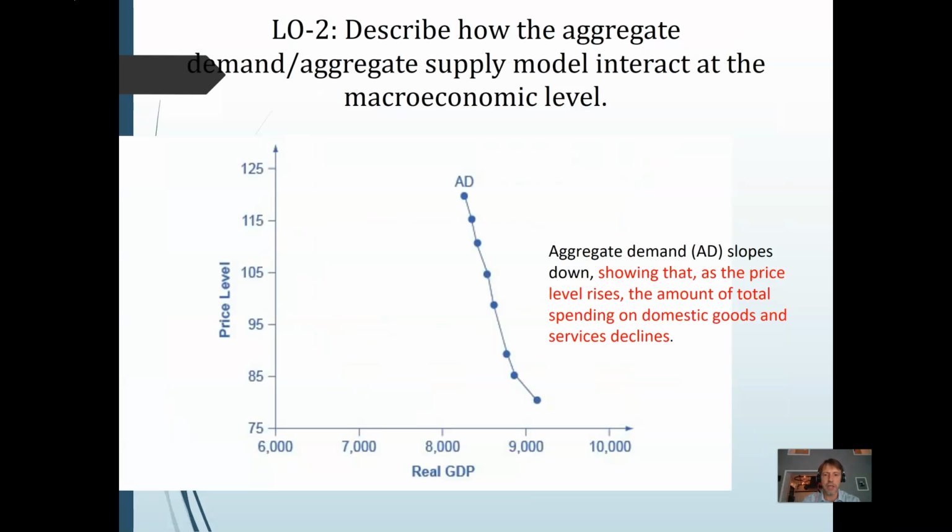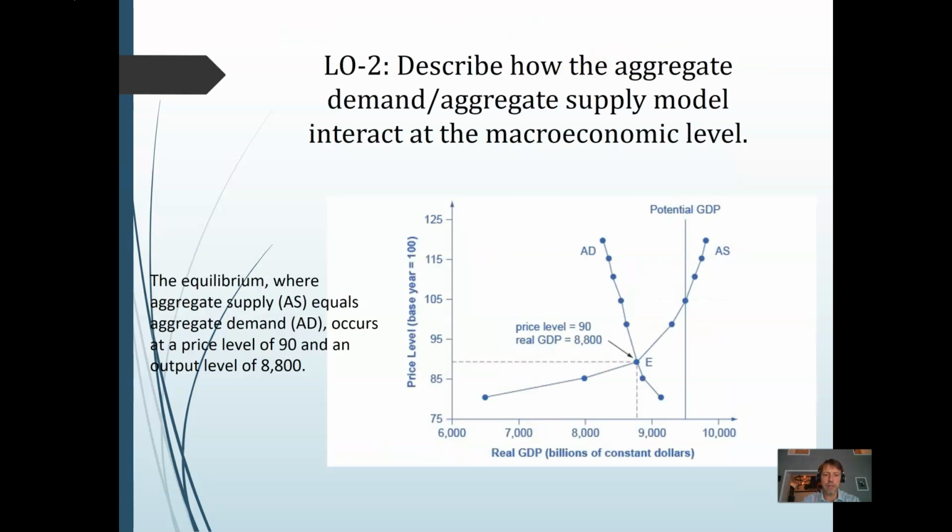It's just a demand curve going down, but the A in front of it means aggregate demand. And then they will cross at a certain point that creates an equilibrium. And that equilibrium, if it's not on this potential GDP line, means that we're not using all of our assets, all of our people, all of our capital, all of our equipment to the fullest possible ability, and as a result, there is opportunity for the economy to be stronger than it is.